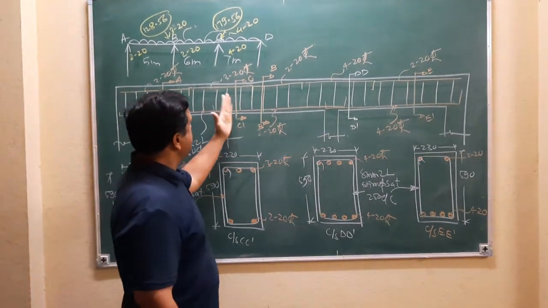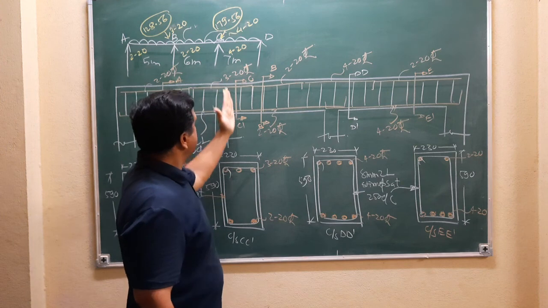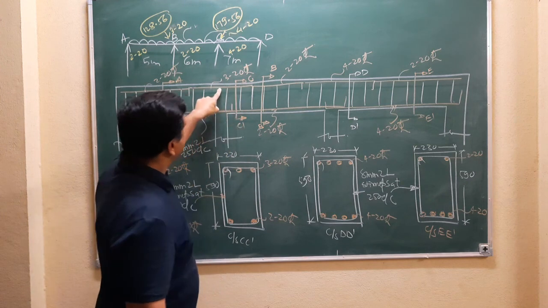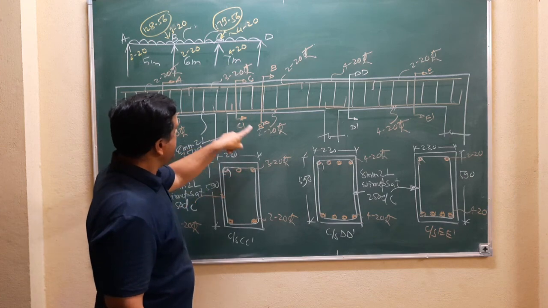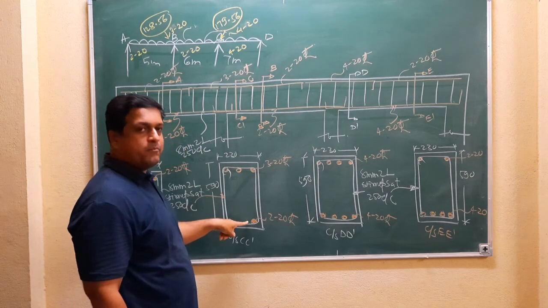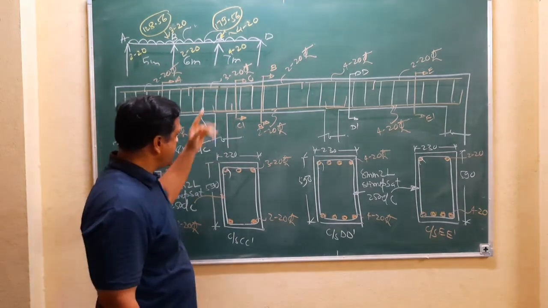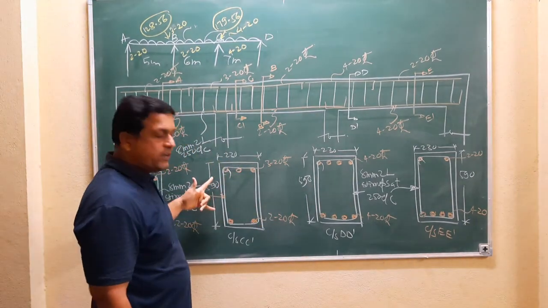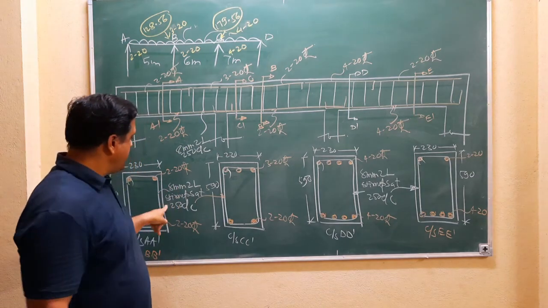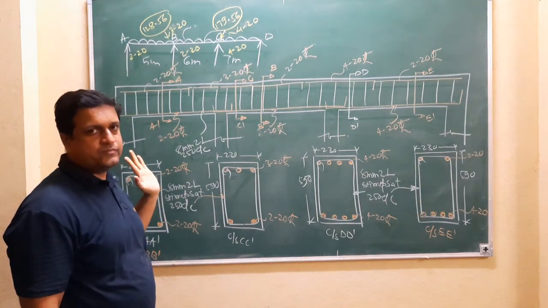If you cut the beam just right of B, what you get? 3 bars of 20 mm diameter at top and 2 bars of 20 mm diameter at bottom. The section CC dash is like this: 230 mm wide, 590 mm depth, and 8 mm diameter 2-legged stirrups. Get it?